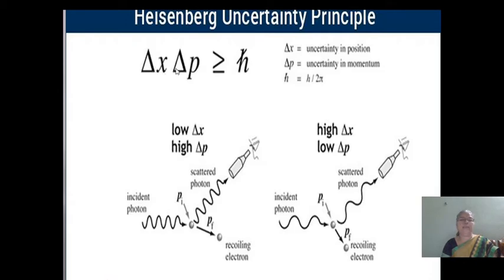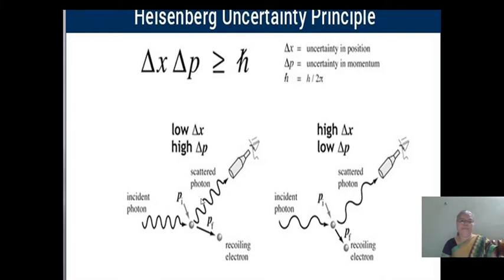Delta x into delta p is greater than or equal to h cross, where delta x is the uncertainty in position, delta p is the uncertainty in momentum, and h cross is equal to h by 2 pi. Again, h is equal to Planck's constant.